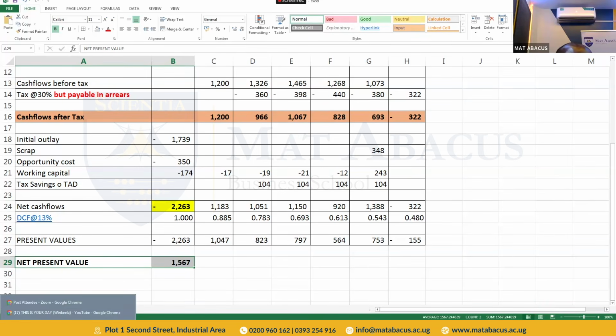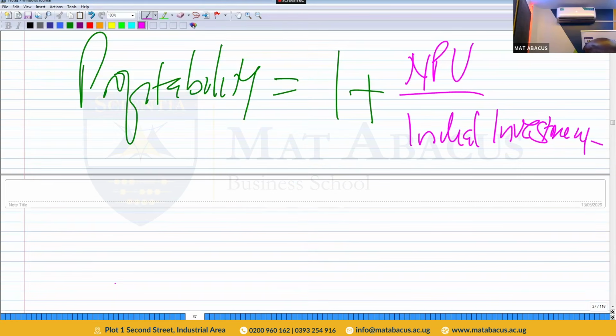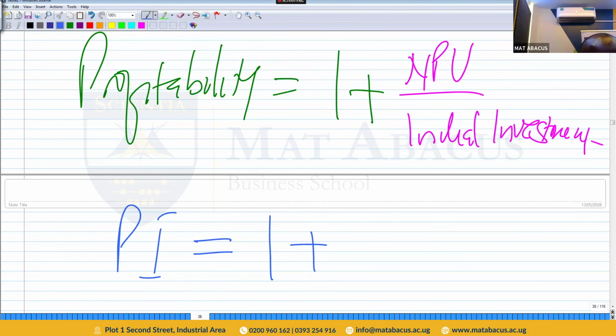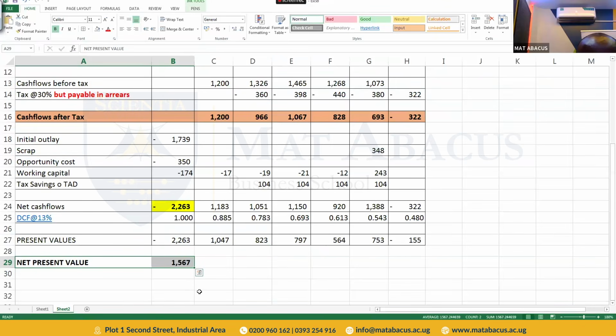So I will go and get my PI. Therefore, my PI, my profitability index, is going to be 1 plus the NPV I have, which is 1567.